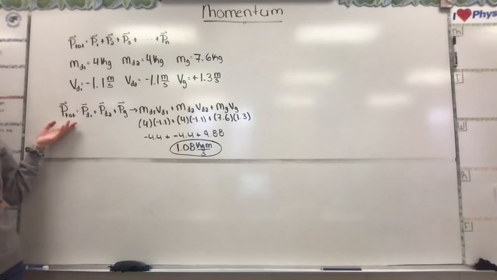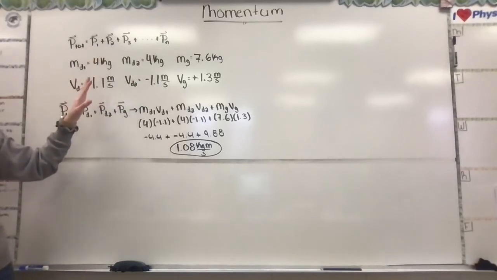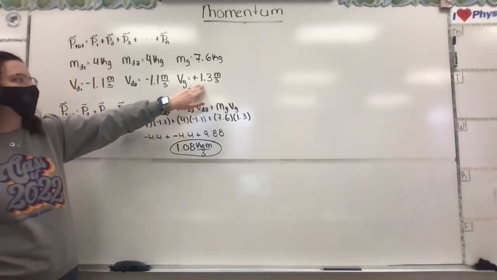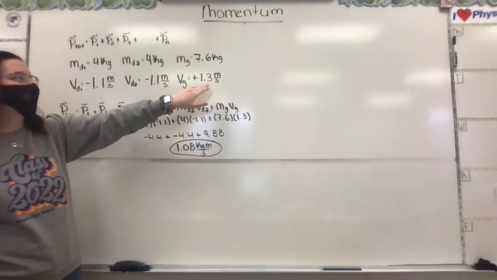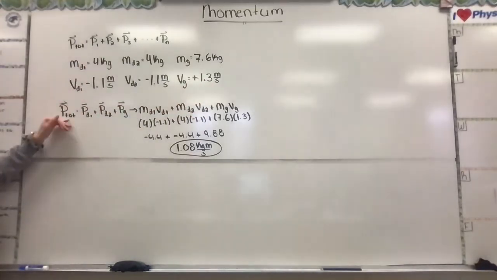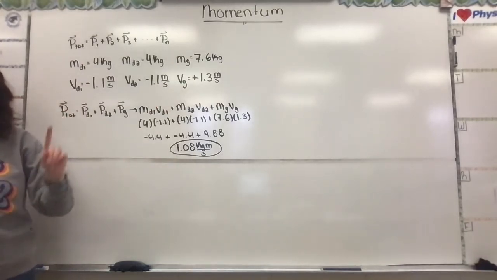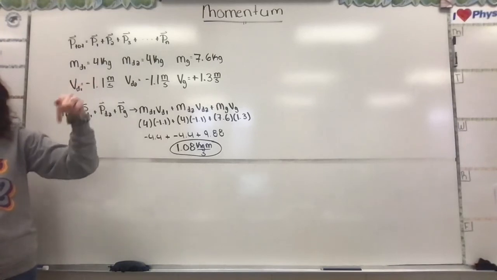If everything stayed the same with the ducks, they're the same mass, they're going the same velocity, what would we need to change about the goose's velocity in order to make the total momentum of all three of them be equal to 0 instead of 1.08? Would the goose need to go faster or slower?